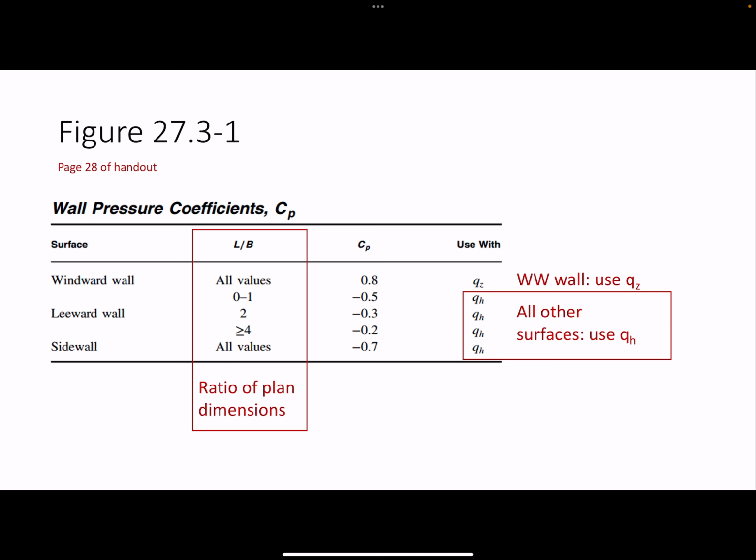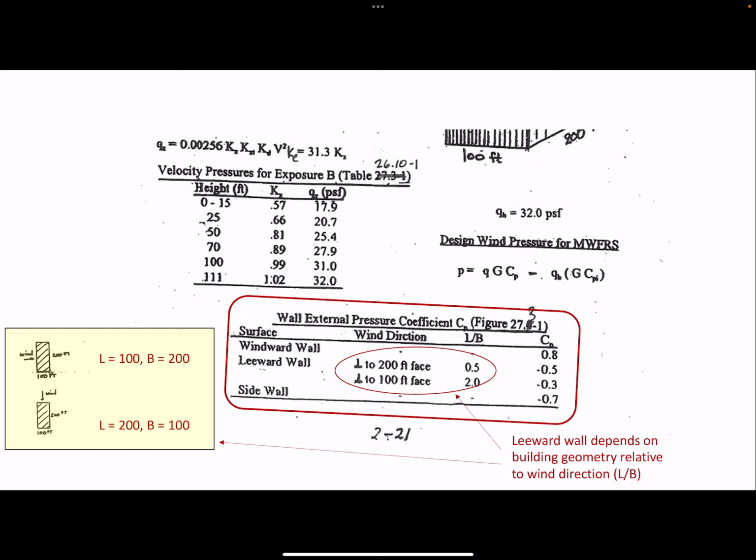We're going to enter with L over B for the leeward wall. Depending on the wind direction, and these are plan views showing here, if the wind is perpendicular to the 200-foot face, then our L over B is 1 over 2. If our wind is parallel, then our L over B is 2. So we would pull the appropriate values from that table.